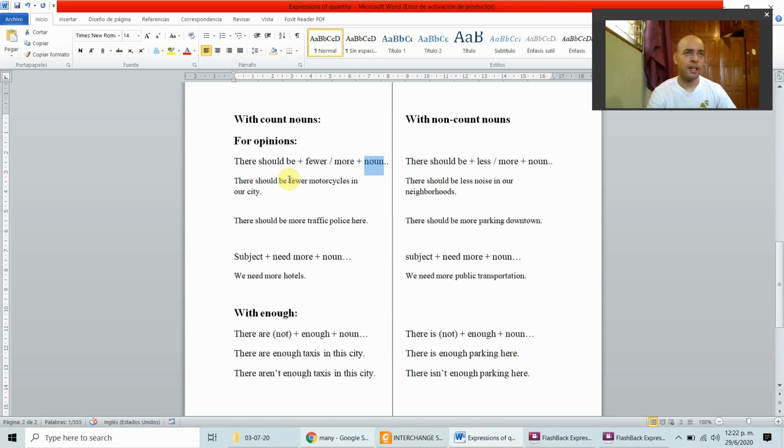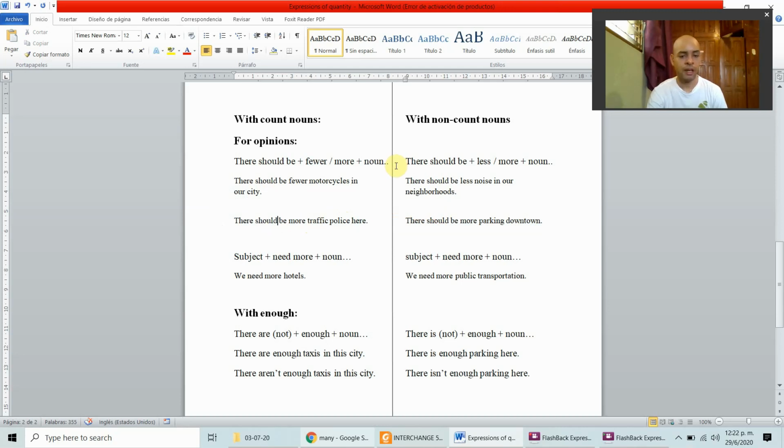You think the city should have fewer motorcycles. There should be more traffic police here. You are saying your opinion. We need more traffic police in the city. That's your opinion.